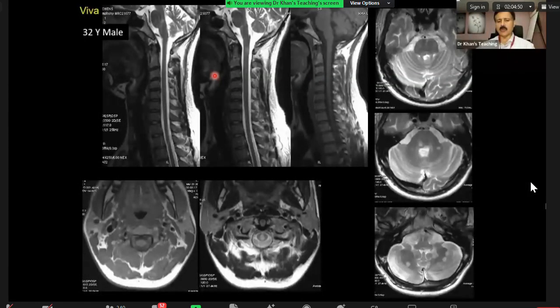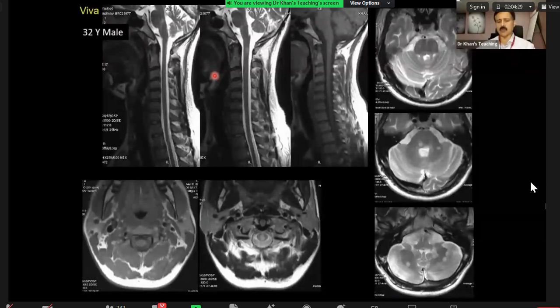Number two is look at the available, if any part of the brain is visible to you. On the other hand, you must ask for brain imaging. That is a must. Whatever you see in the cord, before you say that this is it, I would like to see the brain imaging for confirmation.